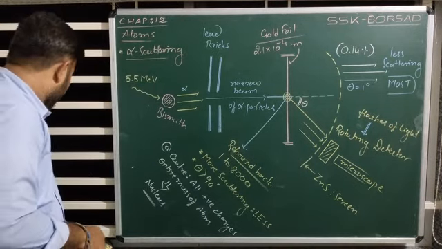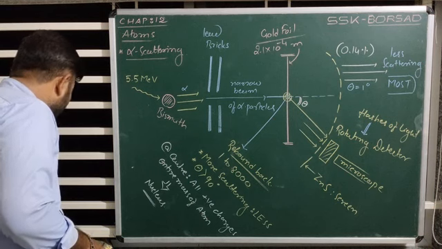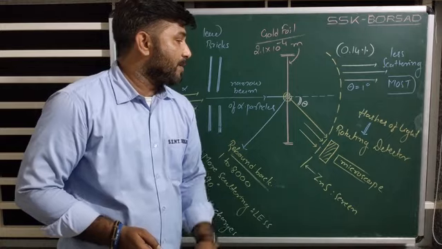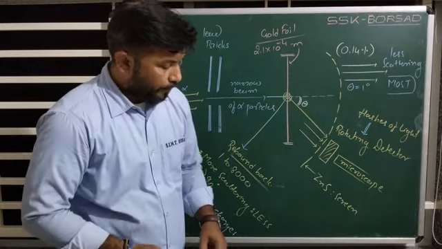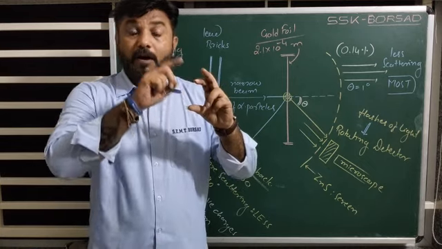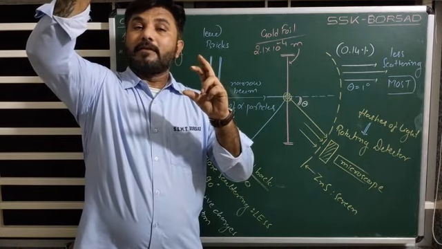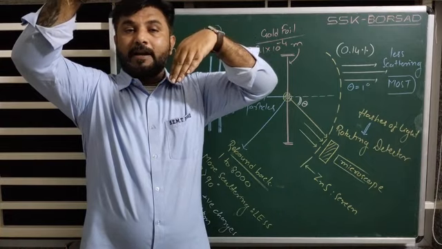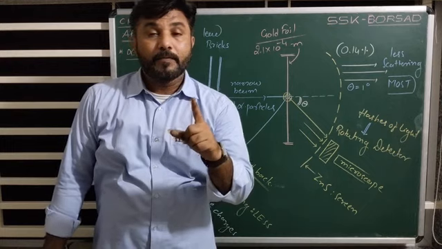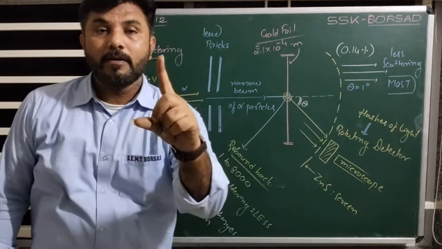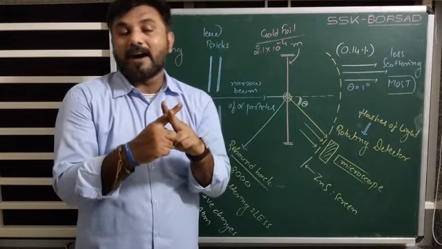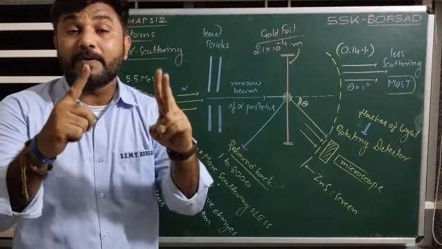Okay? Here we have used one word, empty space. Where is that empty space? Around the nucleus, there is a space, right? Electrons are revolving around the nucleus in an orbit. Between the first orbit and the nucleus, whatever the spacing is, it is known as empty space.